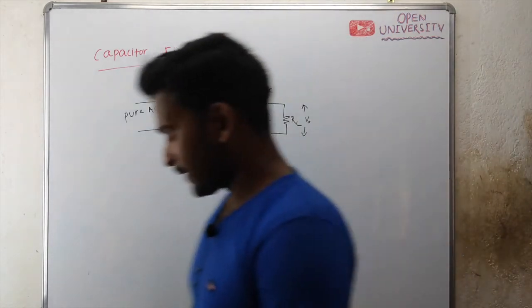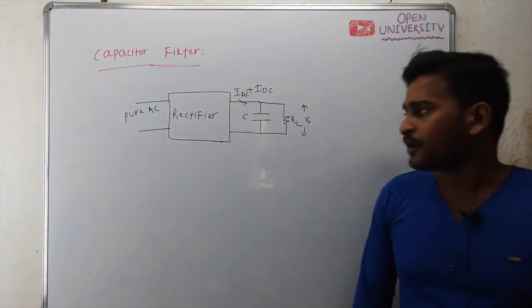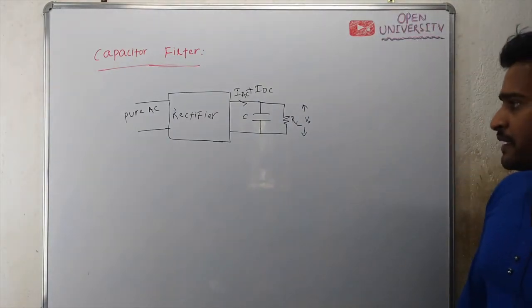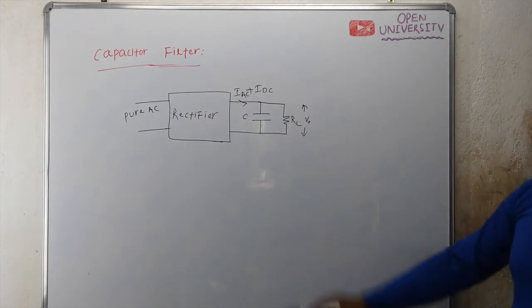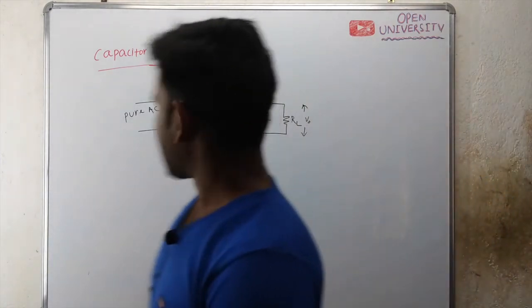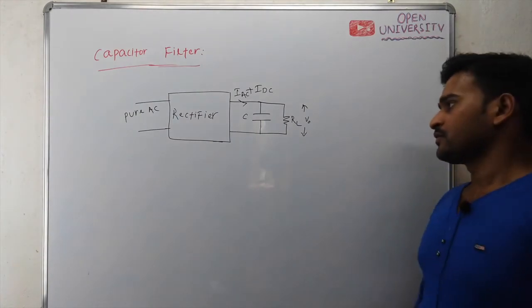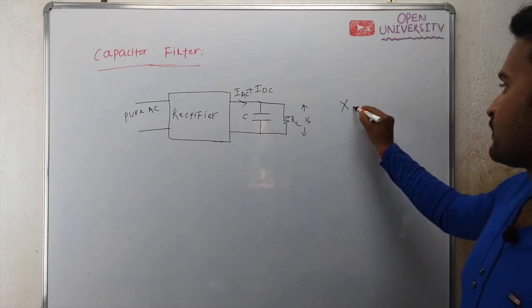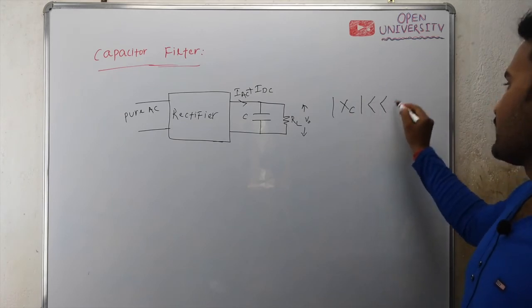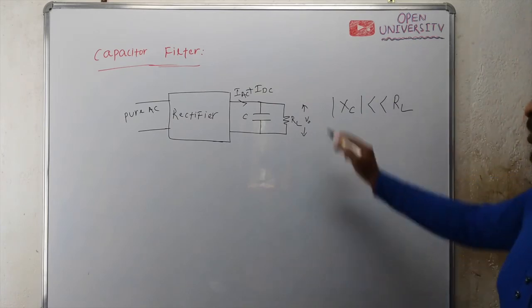Next, take one point. For proper filtering, the capacitance of the capacitor should be selected such that its reactance XC should be much smaller than RL at ripple frequency.